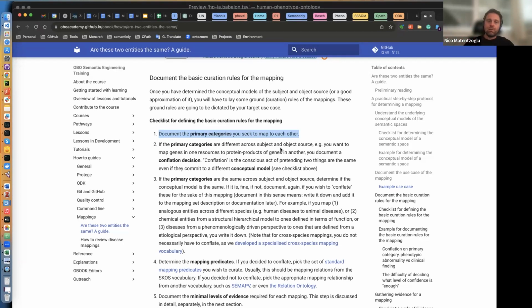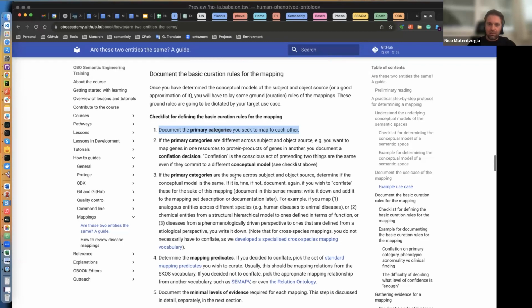Actually, we have specific exclusion lists that allow us to say these terms, even if the other resource said it's a disease, we don't believe it's a disease, and we document that clearly. So this is the first part: we are only caring about diseases, and that's what we will focus on.